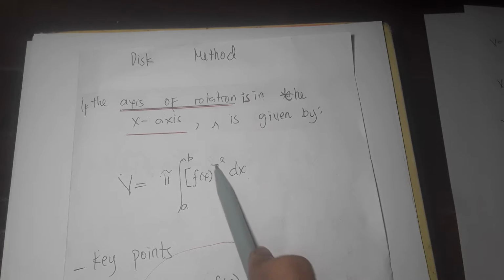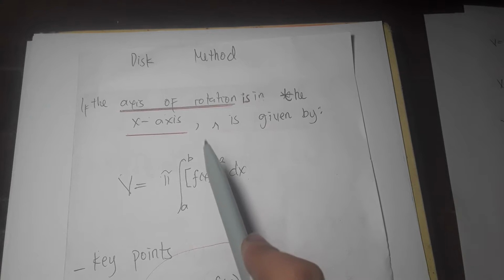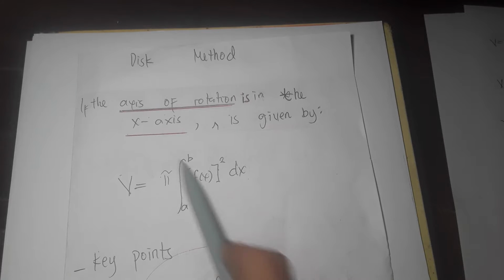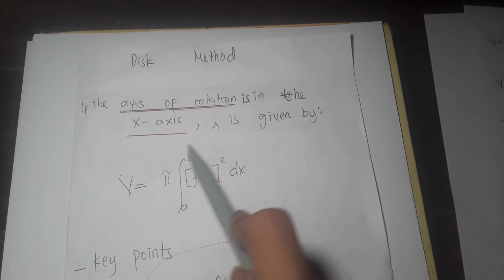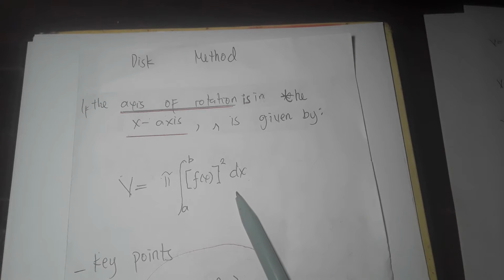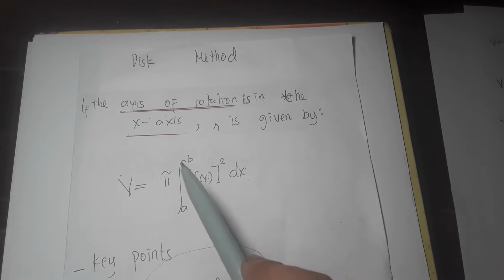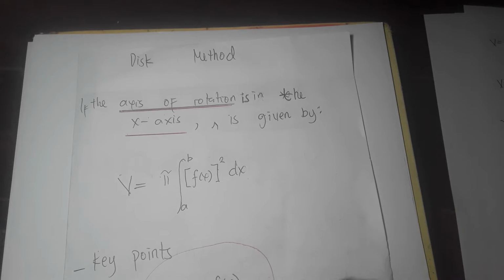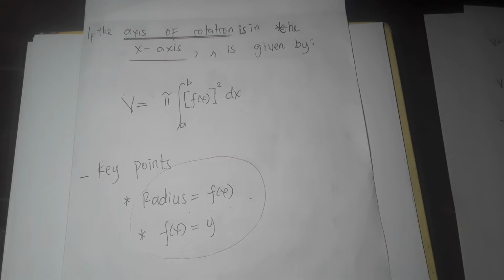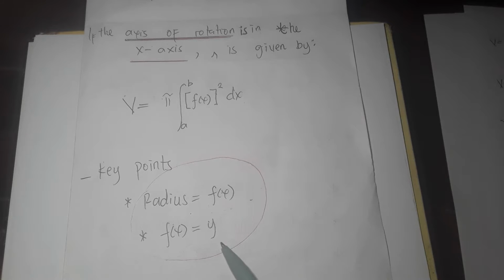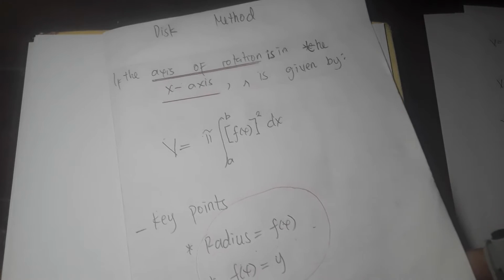Because the integrand is f of x, and the axis of rotation is the x-axis, so we need to respect x. Here a and b represent the limits of integration. For the key points, always remember that the radius is equal to the value of f of x, and the value of f of x is equivalent to the value of y. Don't get confused about that.